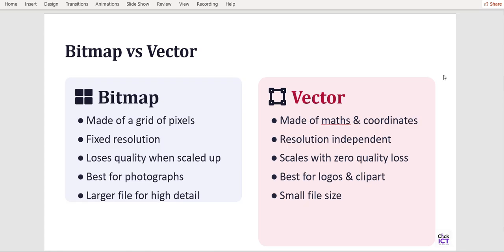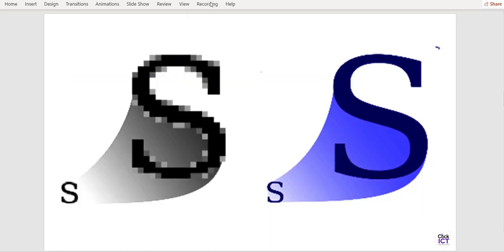And vector images are smaller in file size. That's why they are very good for use on websites, because they are smaller. Now here you can see an example of a bitmap and a vector image. When the S, which is written in black, is scaled up, it gets pixelated.